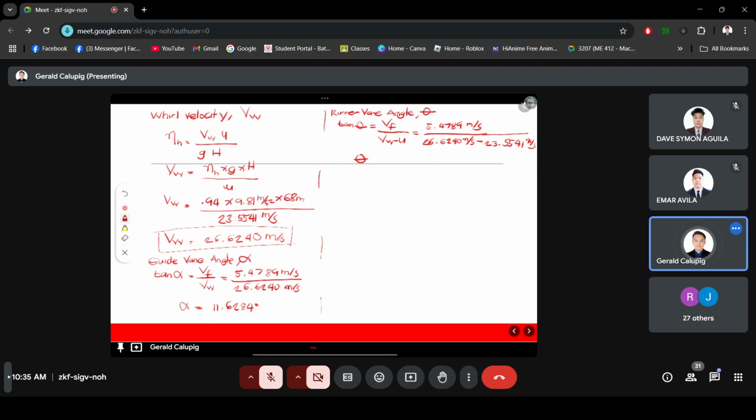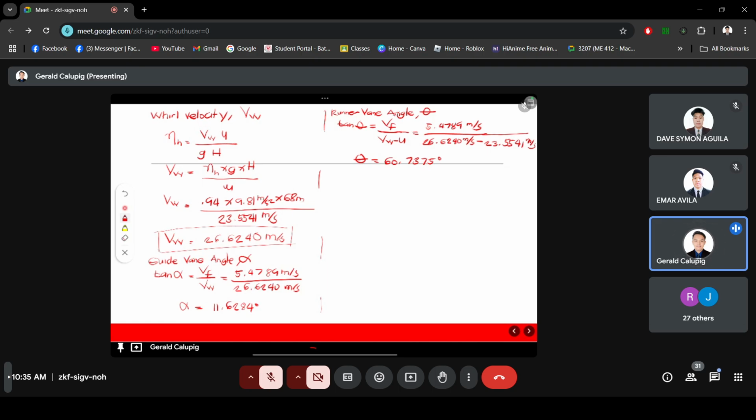That should be 60.7375 degrees. Okay, thank you. 60.7375 degrees. So we already have the runner vane angle and the guide vane angle.